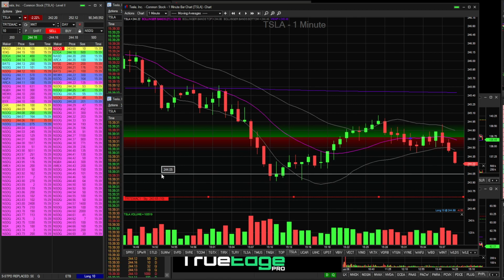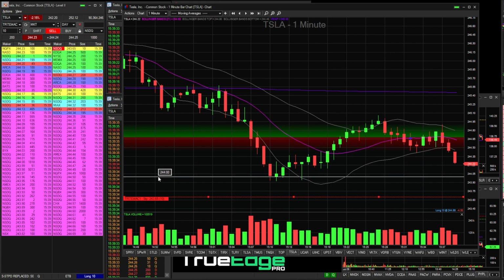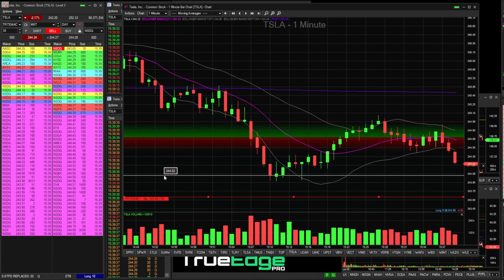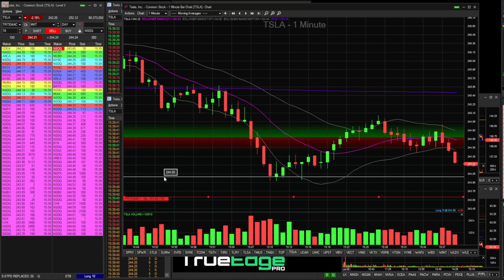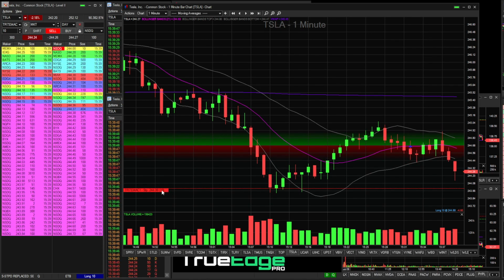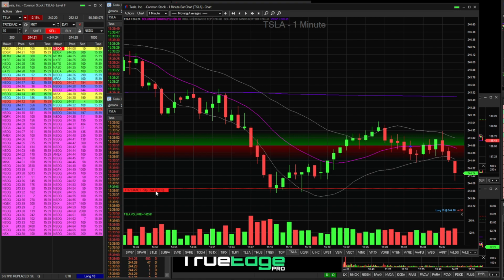Let's say I want to put it right there. Notice it shows the price above my cursor. So 244.03, 02, 01, 244. If I let go of my mouse, then it's going to move it up to 244, which is where it is now.